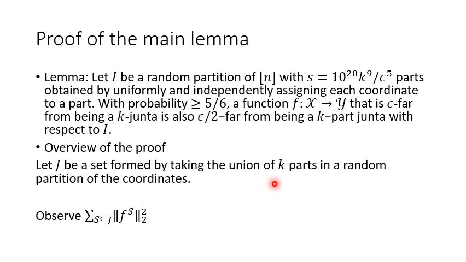We want to show that the function is far from being a k-part junta, so we want this sum that is related to the influence of the k parts to not be too great. So we will analyze J, partition it into some sets, and show that this sum is not too great, and that is the idea of the lemma. Let's begin by looking at several cases and partitioning J.